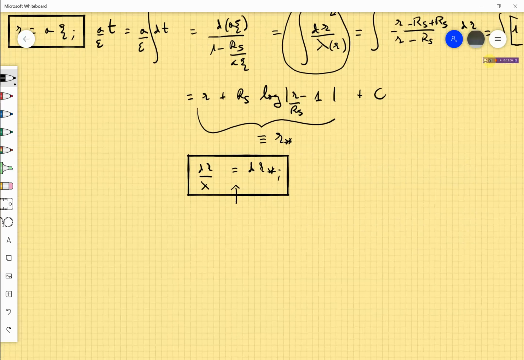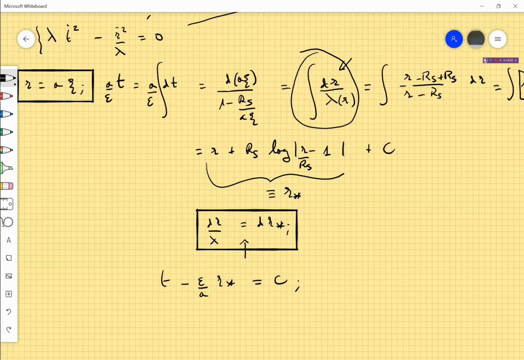What we have obtained is this relation. Let me multiply everything by epsilon a now. So I write t minus epsilon divided by a r star equal to c, which again is a new constant. I just rescale it. Since I don't know what it is, it doesn't really matter.